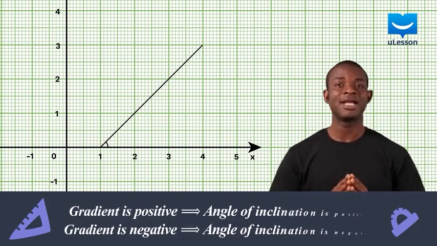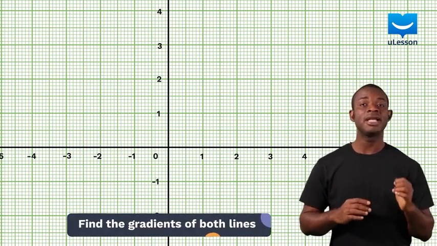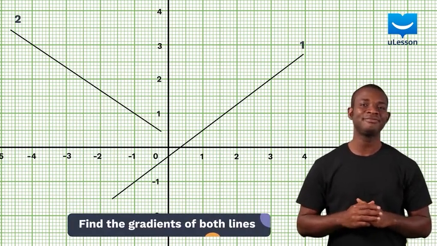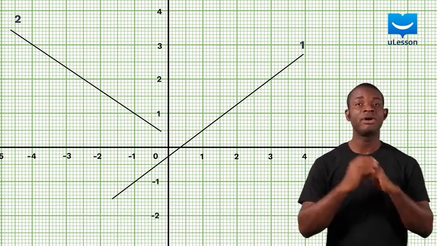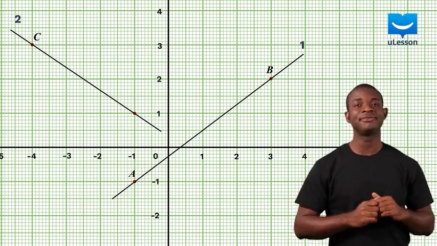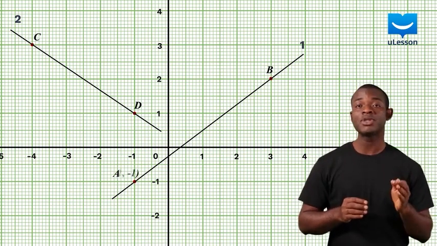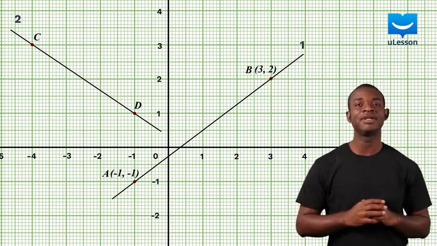Let's take a look at some lines and calculate their gradients. Find the gradients of lines 1 and 2 in this Cartesian plane. We begin by locating 2 points on each of the lines, say points A, B, C, and D. Points A and B have coordinates -1, -1, and 3, 2, respectively.